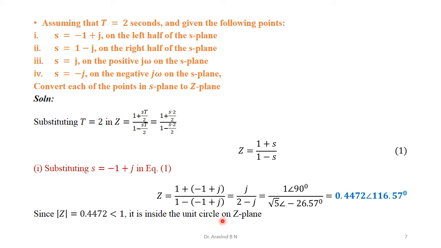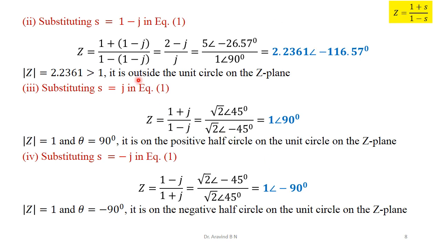Similarly, we follow up with questions 2, 3 and 4. We make use of equation 1 commonly for all the remaining. Now continuing with sub-question 2, substituting s is equal to 1 minus j in equation 1. This is the substitution that has been done.